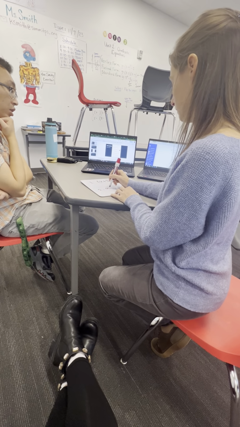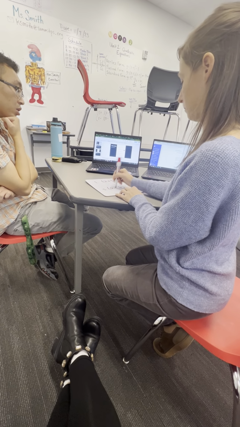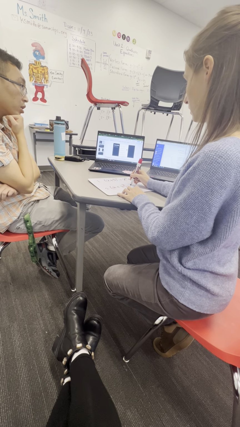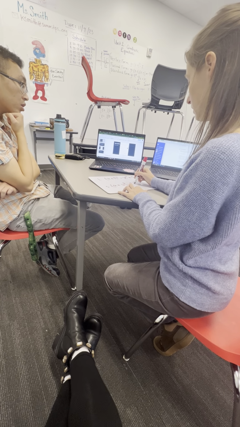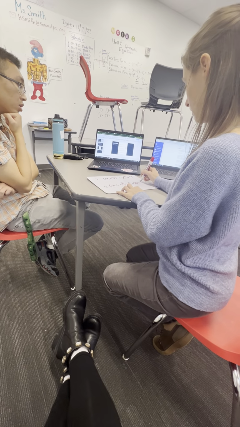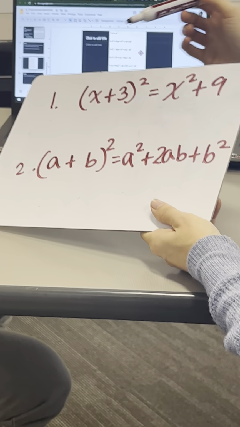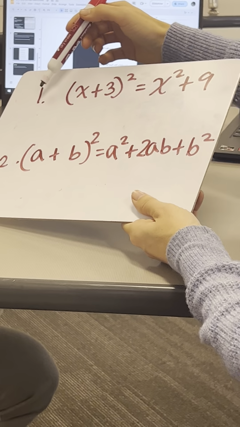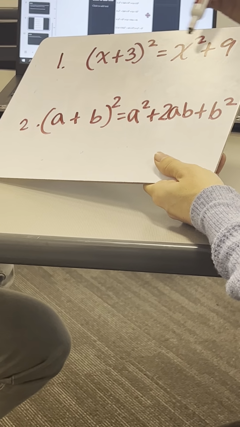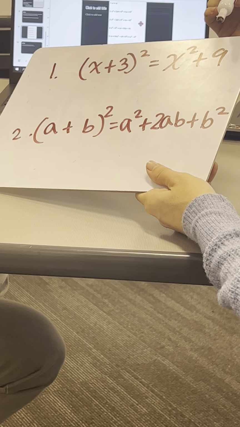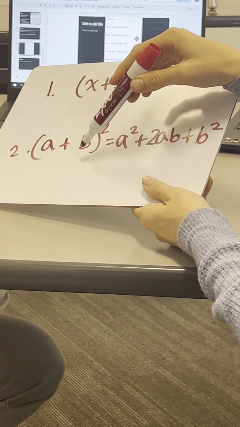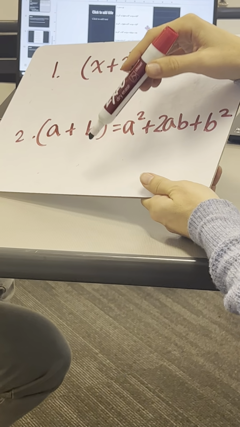I would actually write it this way so that it mirrors, right? So now what you could do is pass the marker to the student who needs more support, they write first, they do 1. Pass the marker to the students who are more confident to work on 2.